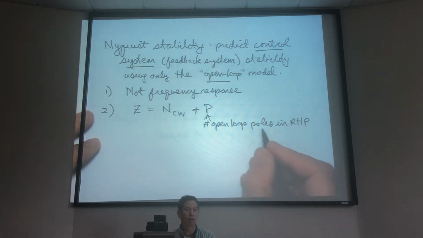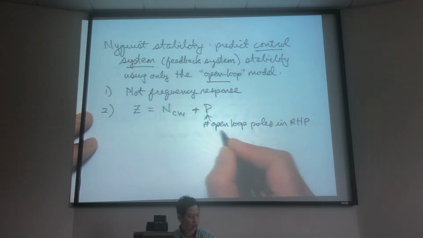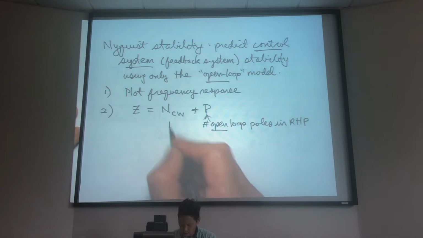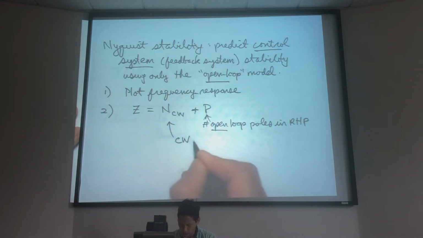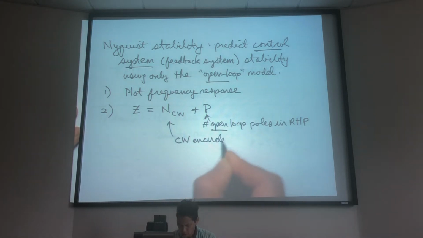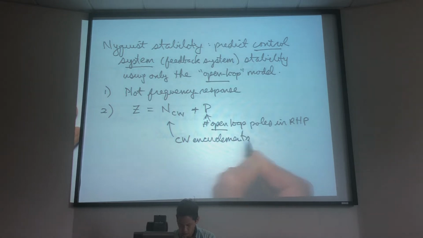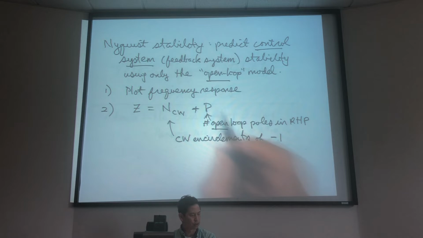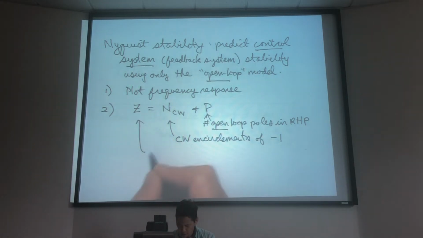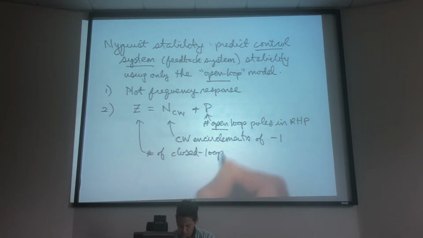It's not the number of poles, it's the number of poles in the right half plane. Open loop. And N is the number of clockwise encirclements of the point -1 in the frequency response plot. And Z is the number of closed loop or feedback system poles in the right half plane.